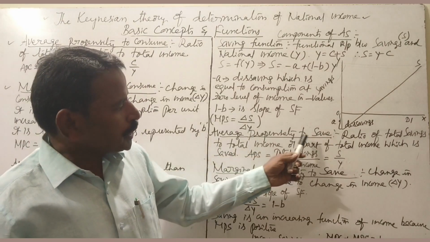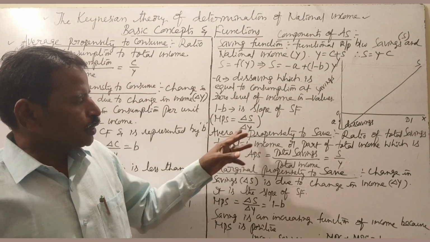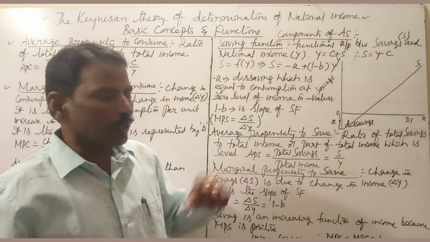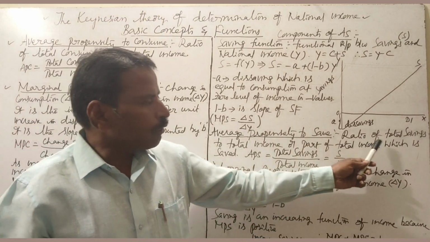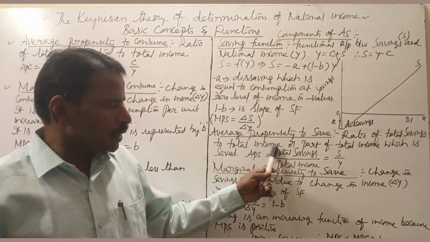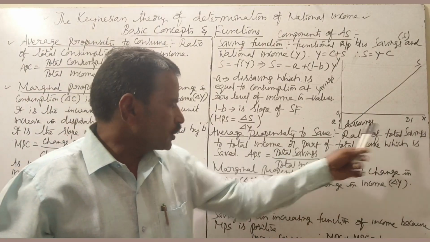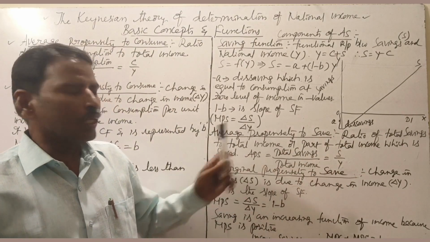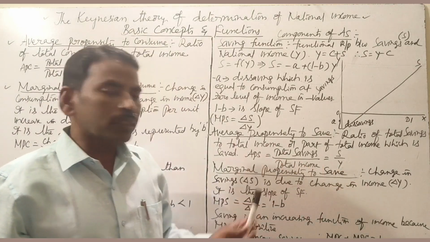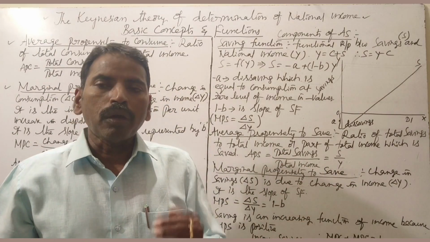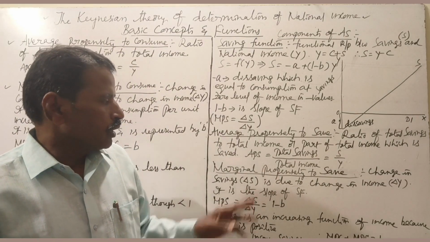Next, average propensity to save, APS. APS means the ratio of total savings to total income, or the part of total income which is saved.